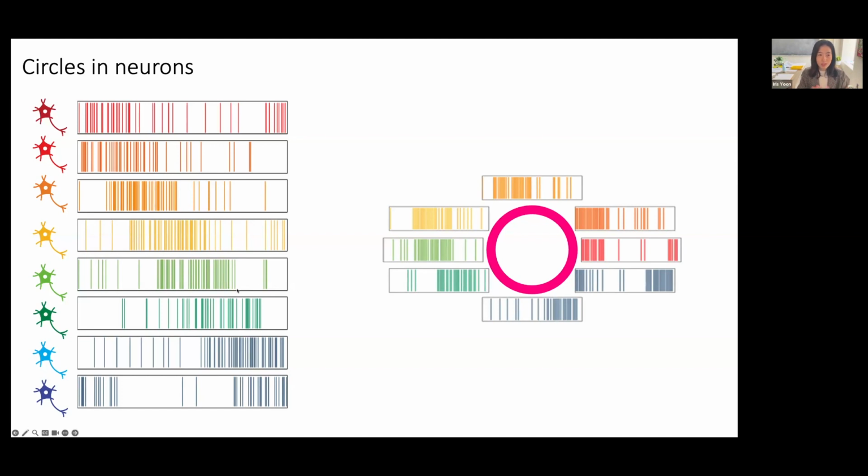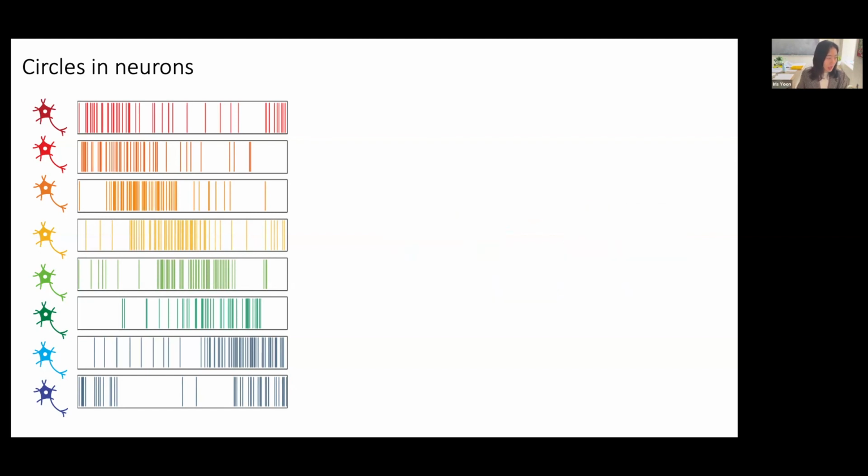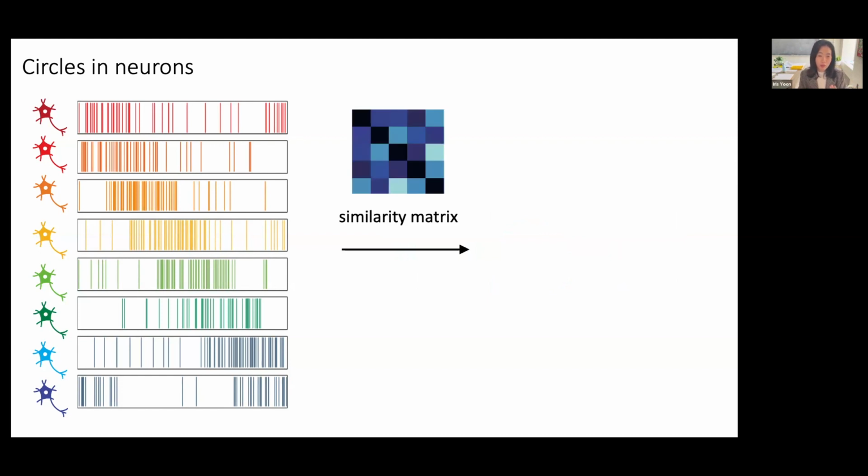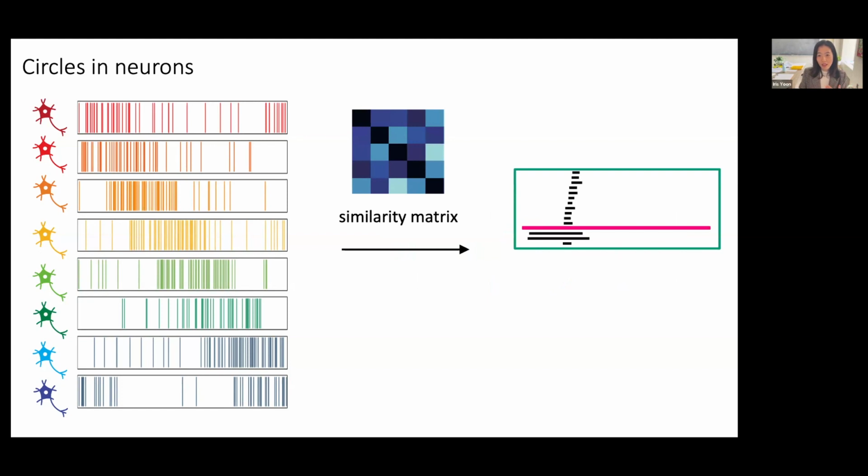If you arrange these spike trains according to their similarity, you might end up arranging them in a circular fashion, as shown here. That also means that once you compute the similarities between your neurons, compute your similarity matrix, and apply persistent homology, the output should indicate that there is some kind of circular structure among these neurons.